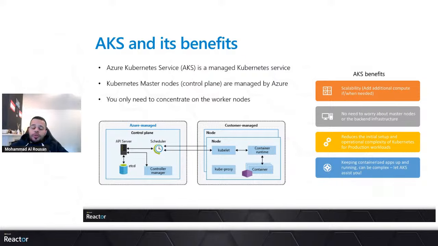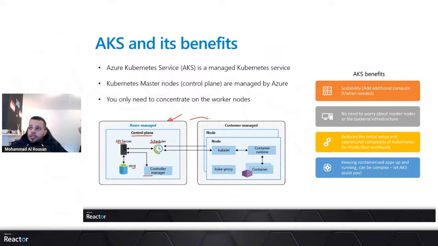So we said before, we have a master node and worker nodes. Microsoft calls the master node a control plane. And the control plane, or the master node, with all the components will be managed by Microsoft. So you don't need to worry about anything here.